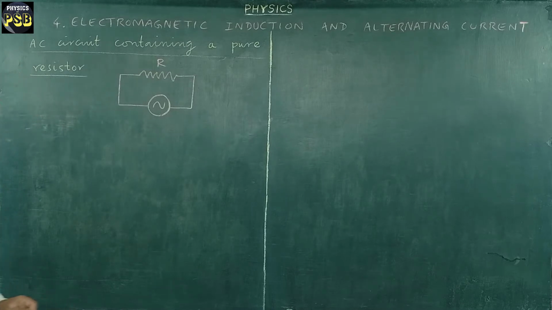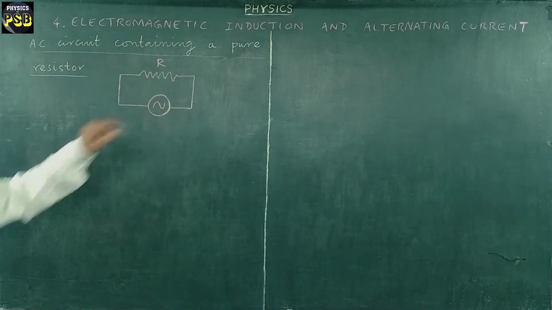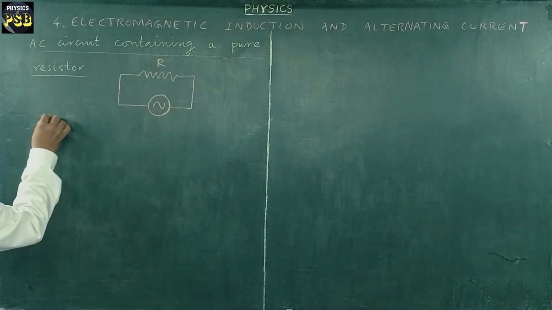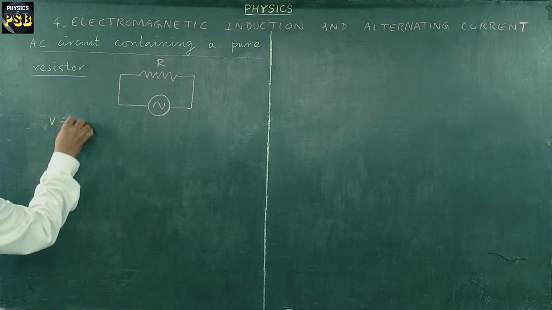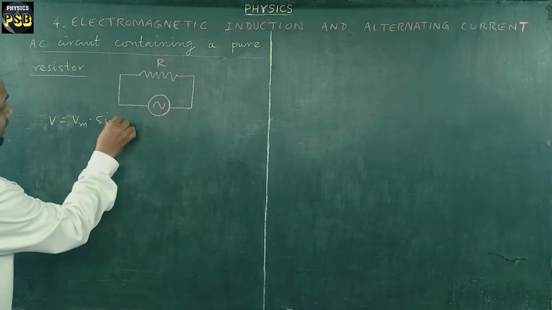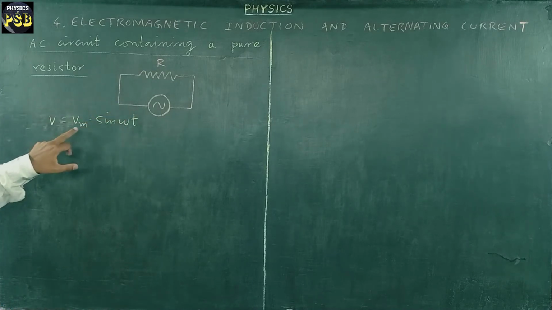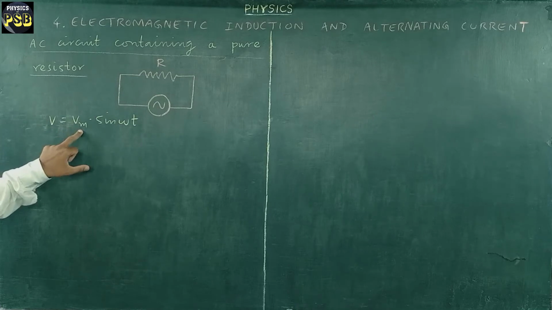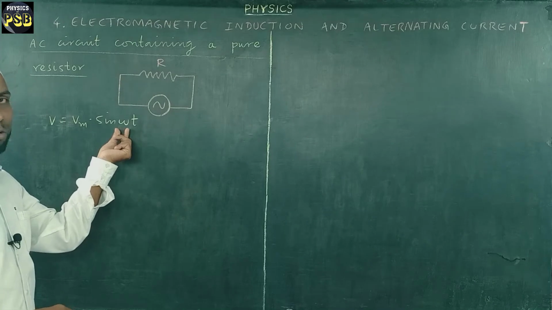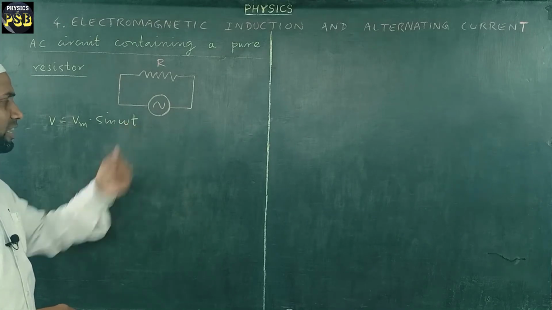The instantaneous value of alternating voltage is given as V equal to Vm sine omega t. Here, V is the instantaneous value of alternating voltage and Vm is the peak or maximum voltage, omega is the angular velocity, and t is the time.